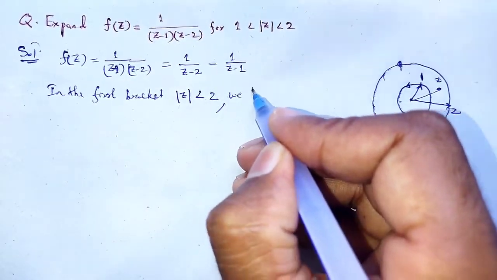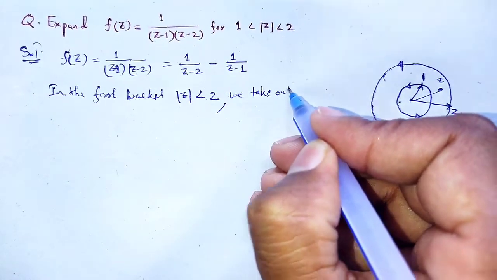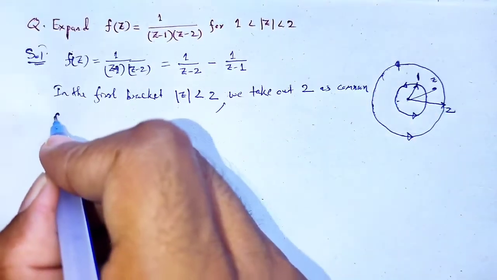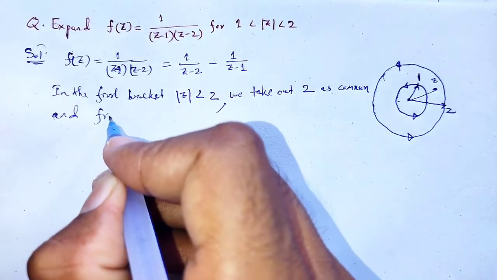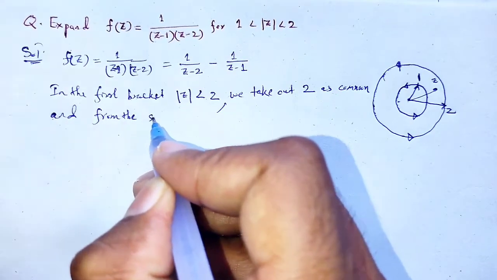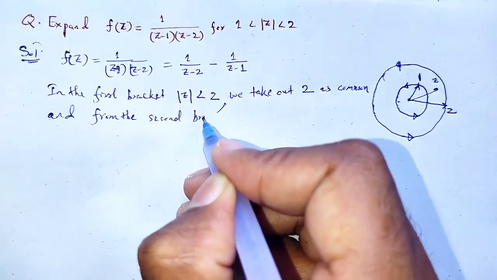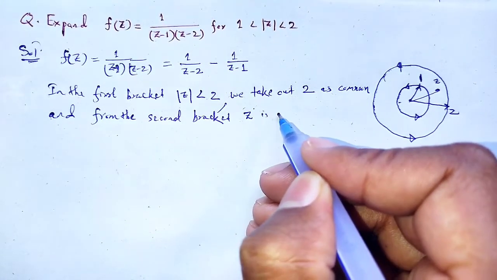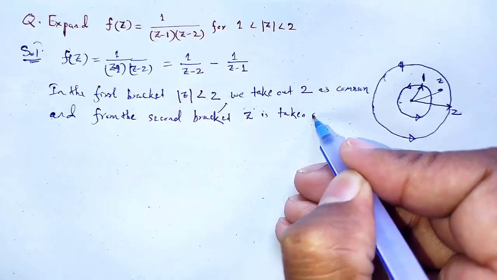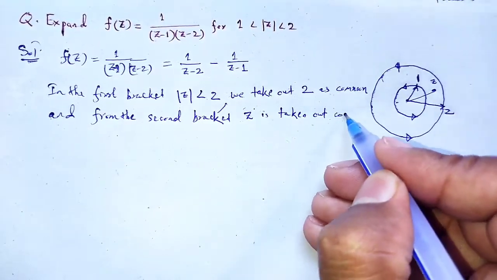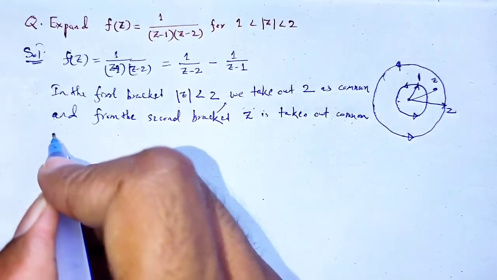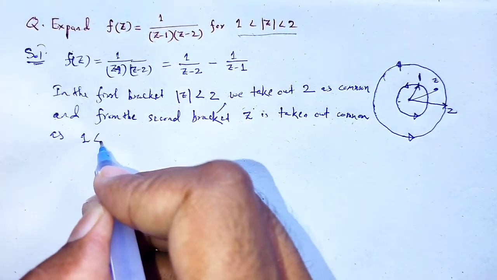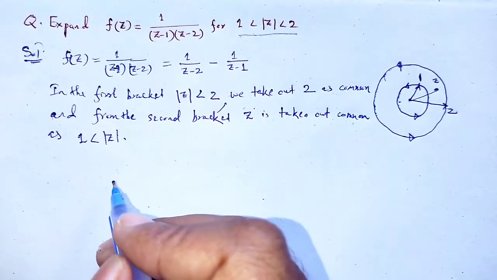We take out 2 as common, and from the second one, z is taken out as common. As given, 1 is less than magnitude of z.